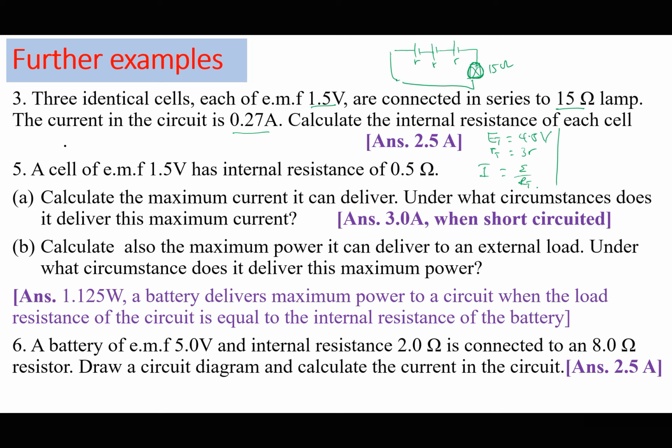Total resistance is going to be 3R plus 15. Making R the subject, 3R plus 15 is equal to the EMF, which is 4.5, divided by the current, which is 0.27. So I'll say 4.5 divided by 0.27, then I subtract 15, then I divide by 3.